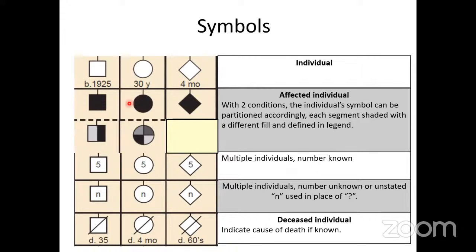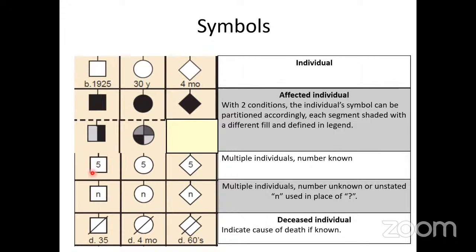Now sometimes we write a number inside these symbols. Suppose we are taking the pedigree and we have to look at the sibship of the father. Father has 5 brothers. Then you just write the number 5.